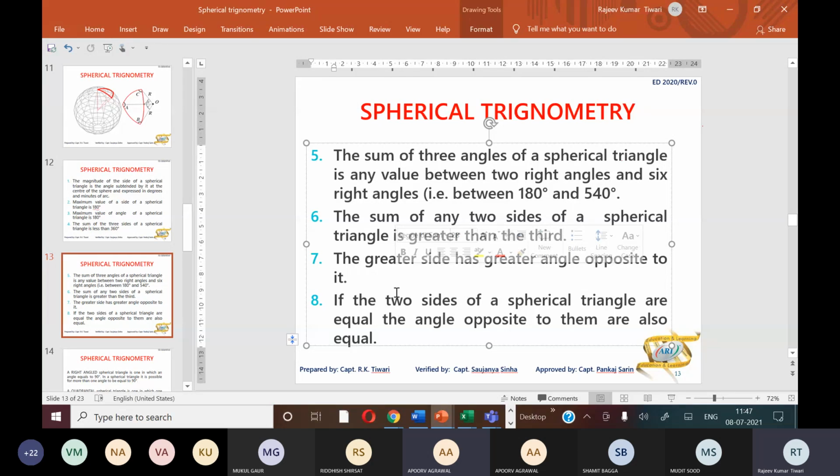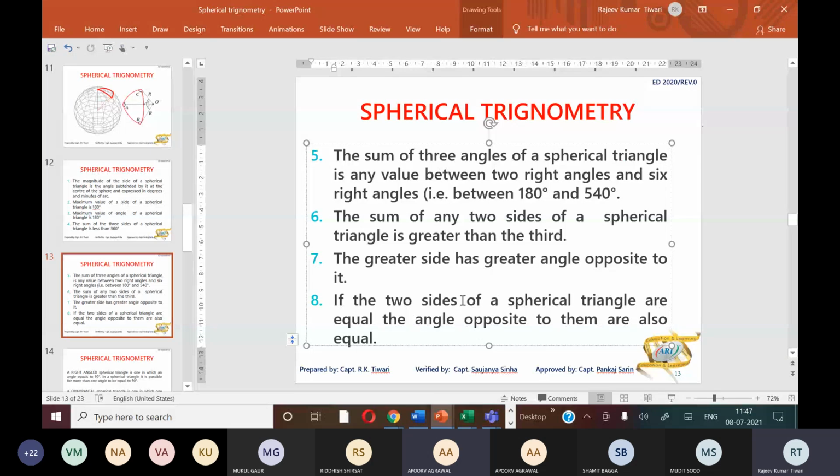It means, suppose a side is more than 90 degrees, the angle opposite to that side will always be more than 90 degrees. I'll keep telling you when we are doing the questions, so you will have an idea.